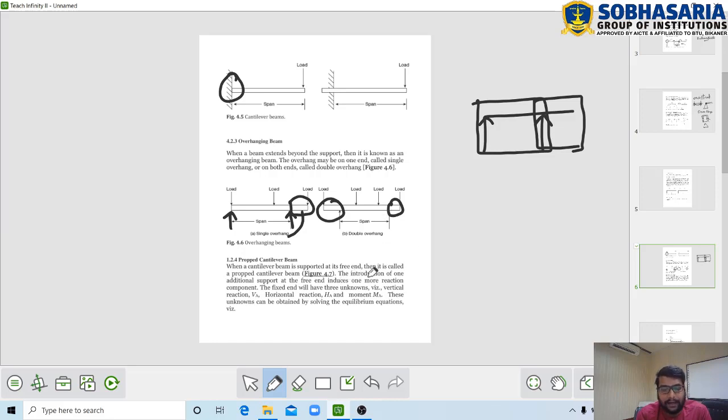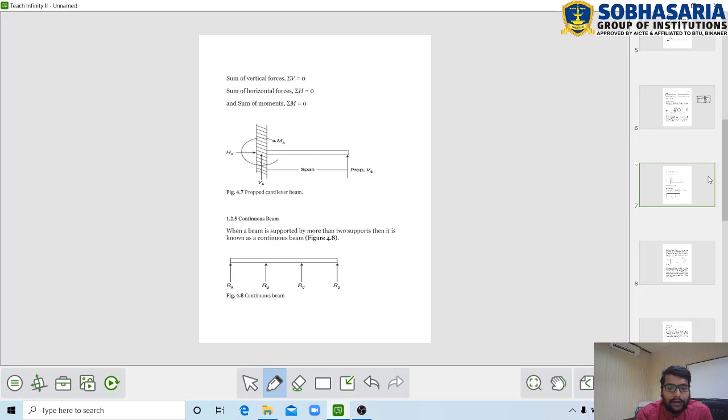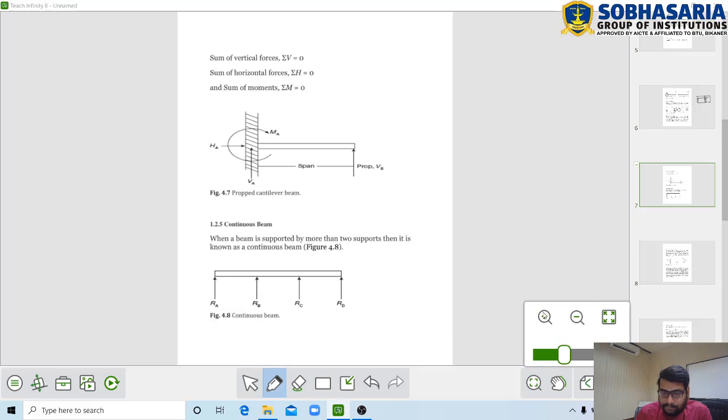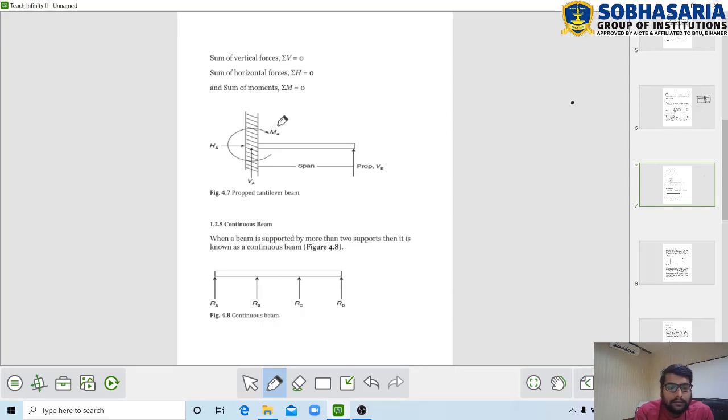Now what is a propped cantilever? In a propped cantilever, the difference between a cantilever and a propped cantilever, from the diagram you can see that a cantilever is only supported from one end, this end, the other end is free.